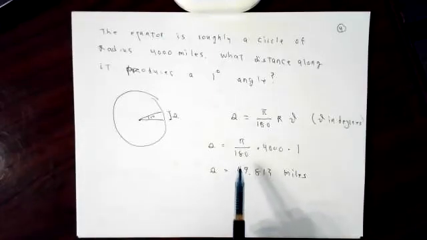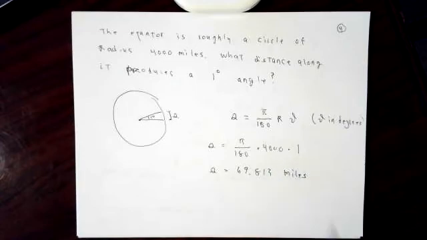Pi over 180 times 4,000 times 1 in this case. I used my calculator and found that this is about 69.813 miles. So if you're looking at, say, the position of the moon above the horizon, if you wanted to shift its position by about 1 degree, you would have to move about 70 miles.